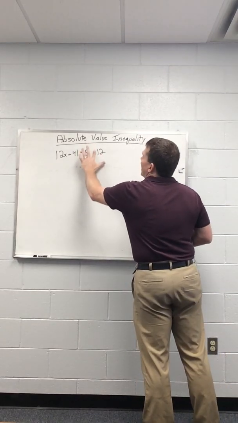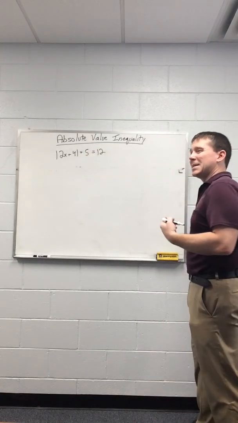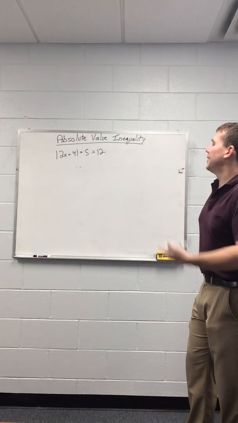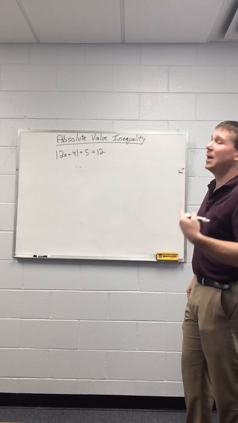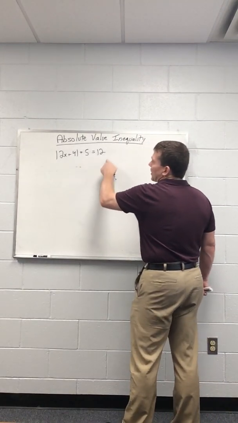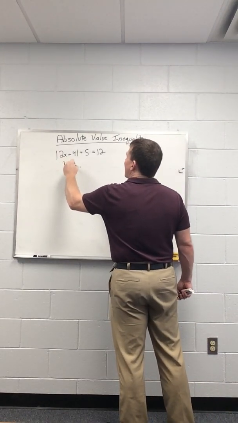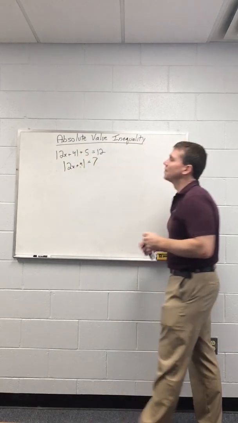So, if we remember, when this was an equation, we said the absolute value is the new thing, the challenging thing, the thing that's confusing, so we isolate that. It's causing a problem, so we isolate it. So we subtract the 5, we get the absolute value of 2x plus 4 is equal to 12 minus 5, 7.